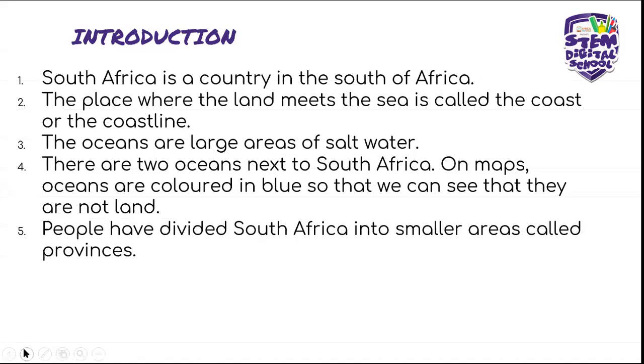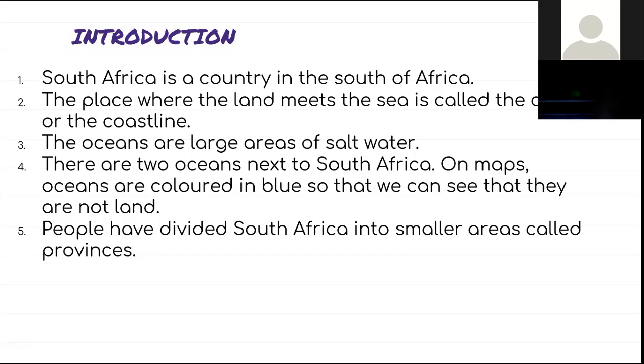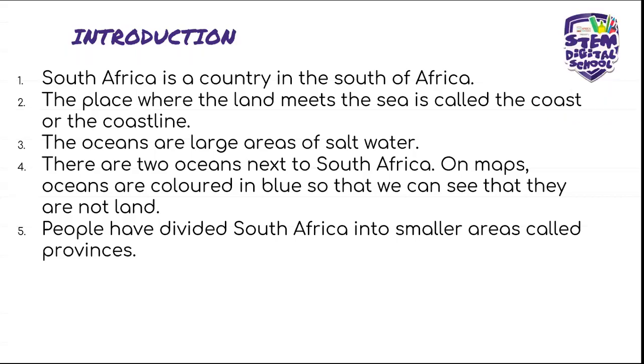And then people have divided South Africa into smaller areas called provinces. Yes, as people of South Africa, we divided South Africa into smaller areas, calling them provinces. We have Mpumalanga, Limpopo, Gauteng, KwaZulu-Natal, Eastern Cape. Those are the provinces, and we are going to learn more about them.